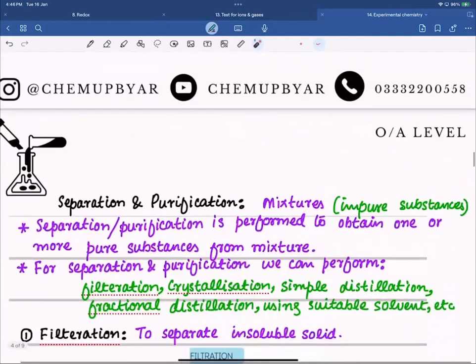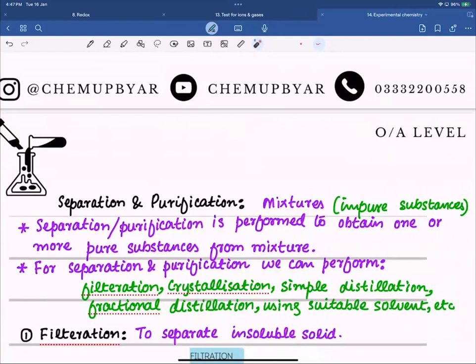Now we are going to discuss the methods of separation and purification. A mixture is an impure substance. A mixture can be a solution like seawater, or mineral water is also a mixture.